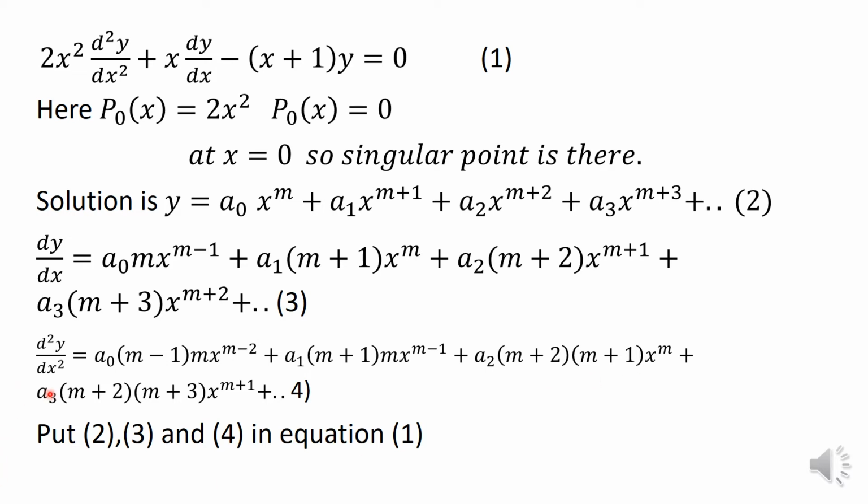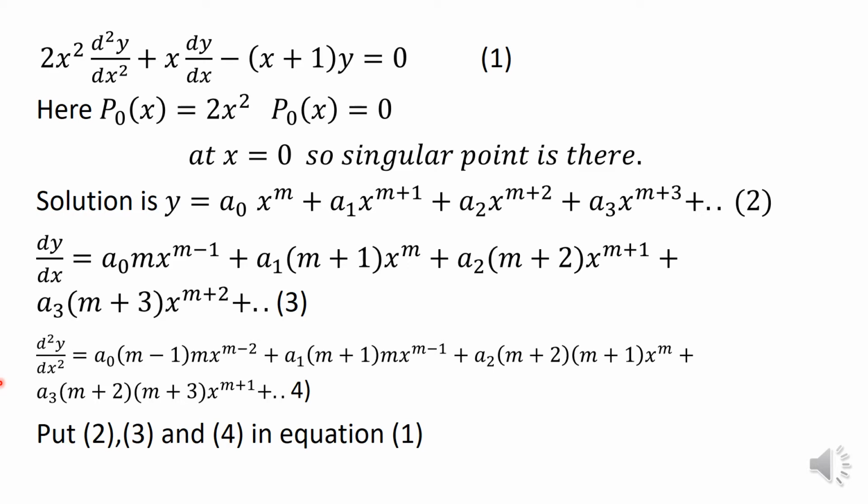Further a3 (m plus 3)(m plus 2), because x to the power m plus 2 reduces to x to the power m plus 1. So now we have the values of dy by dx and d square y by dx square.